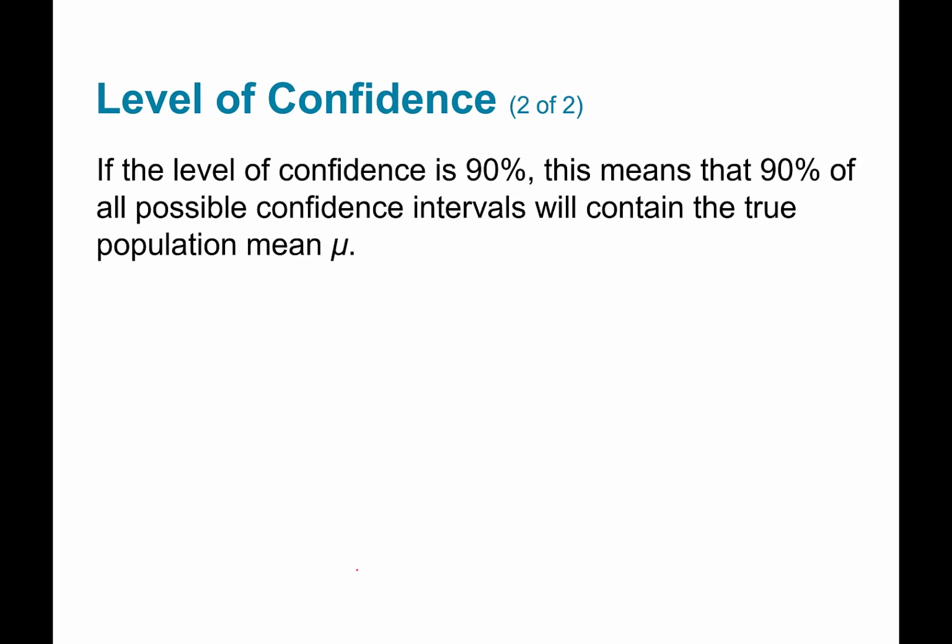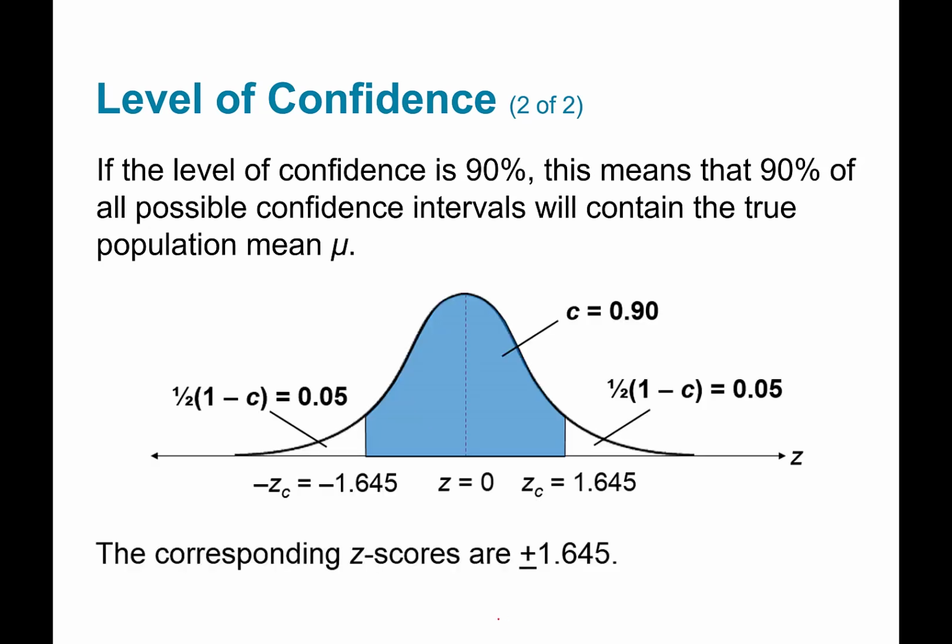This is saying if we were to do every single possible confidence interval, 90% of those confidence intervals will have the mean in it. To find the critical value that corresponds to this, we would do what we've done before. Our area in the middle is our C equaling 0.9, so we've got a 90% area in the middle.